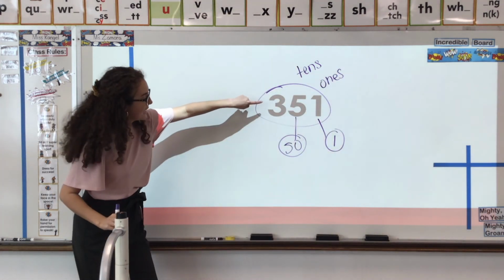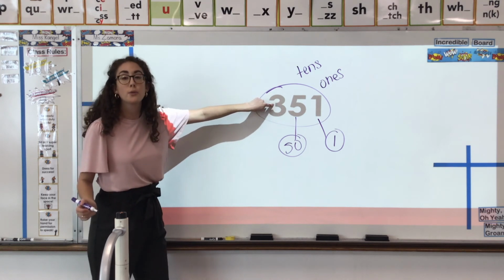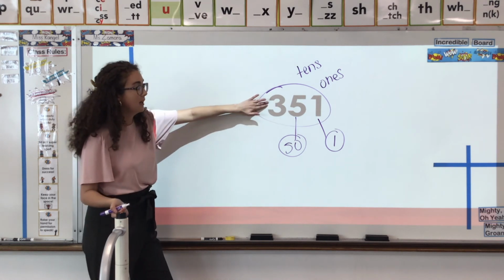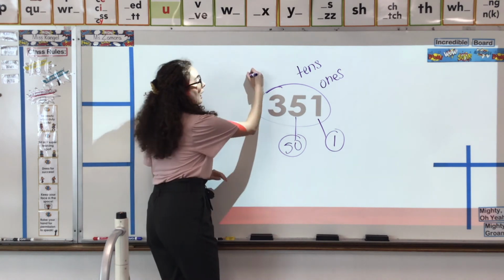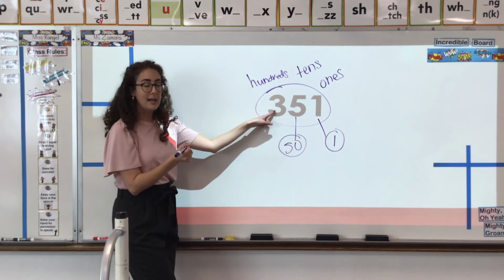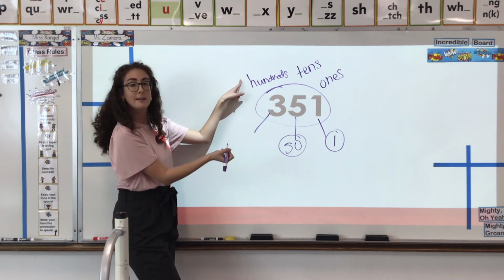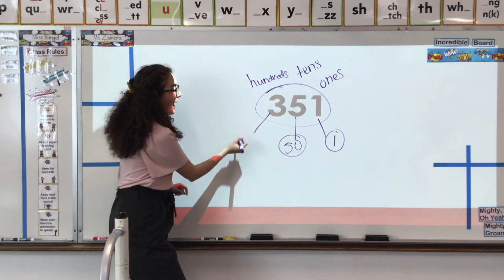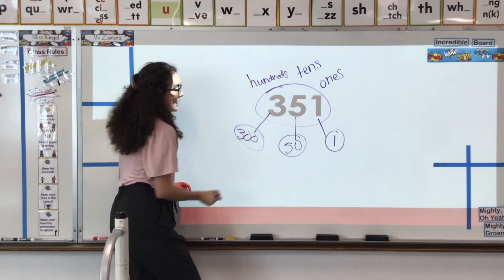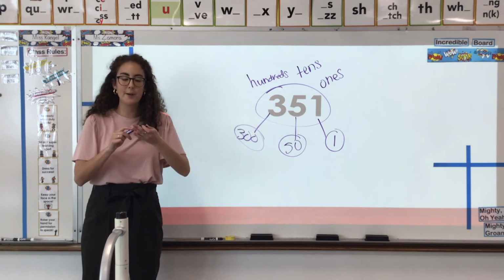Okay, and last but not least, the digit 3 is in the hundreds place. So the value is 300. Exactly. 300.